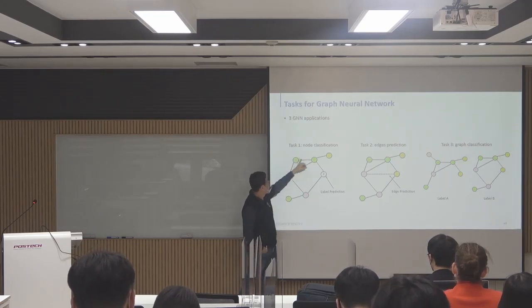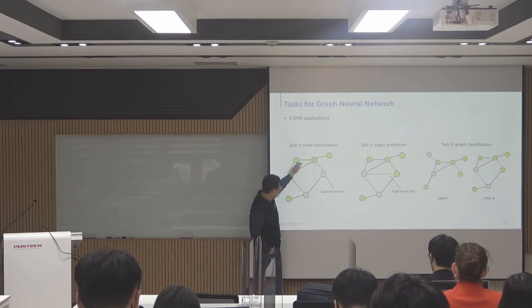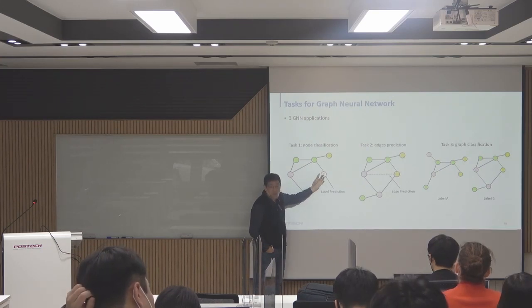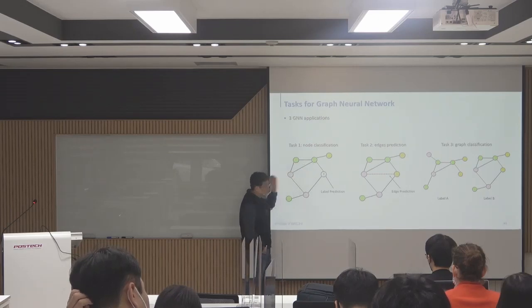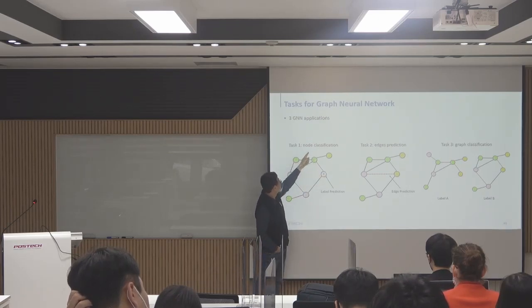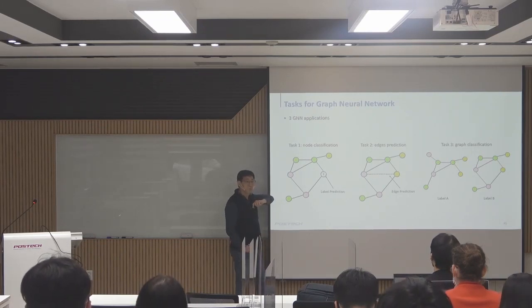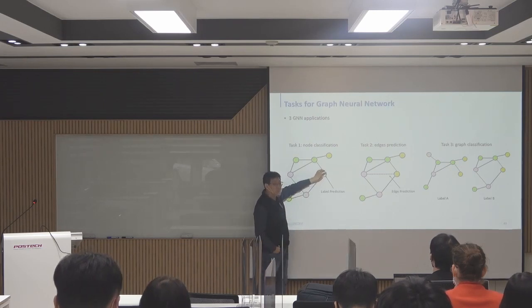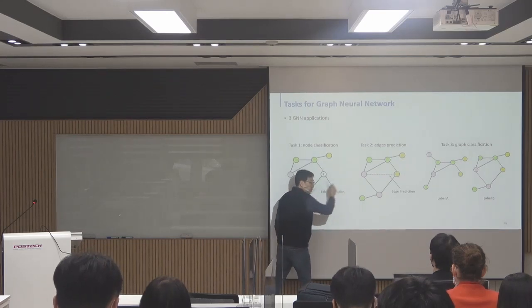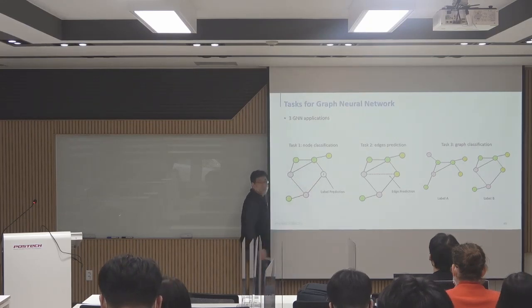Some belong to the green class, this one is purple and red, and we don't know the color of this node, whether it's green, yellow, or purple. We call it the node classification problem. To decide what class this node takes, we use the features plus the connectivity information as well.